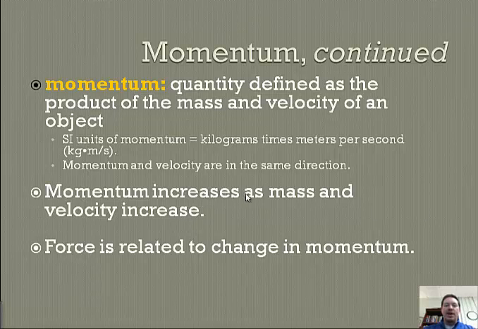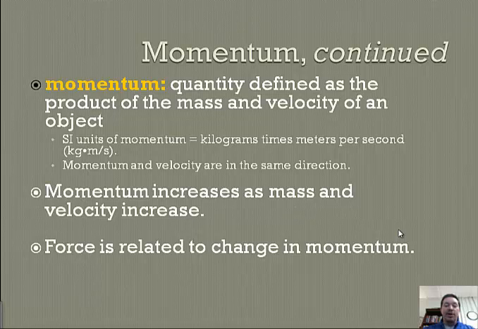We could talk about a Mack truck and a little Volkswagen. The Mack truck, having a lot more mass, when moving at the same velocity, is going to have a lot more momentum. However, if that Mack truck were moving very slow and the Volkswagen was going very fast, it is possible that the momentum could be equal between those two objects.